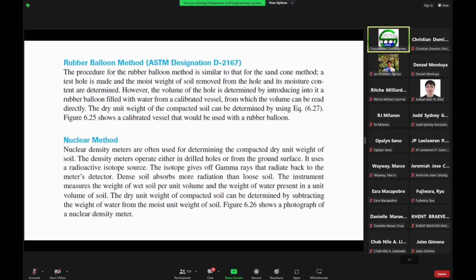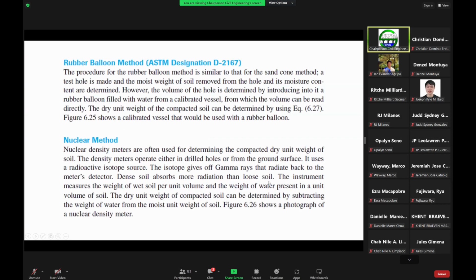However, the volume of the hole here is determined by introducing into it a rubber balloon filled with water from a calibrated vessel from which the volume can be read directly. So the dry unit weight of the compacted soil can still be determined by using this equation. Still the same.